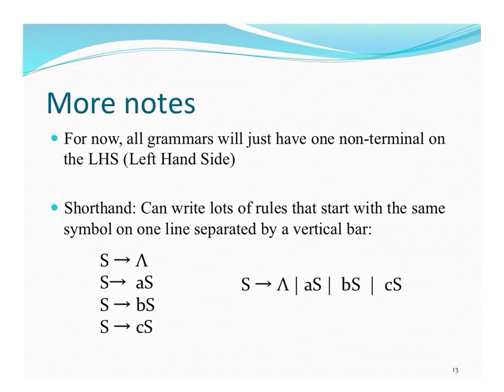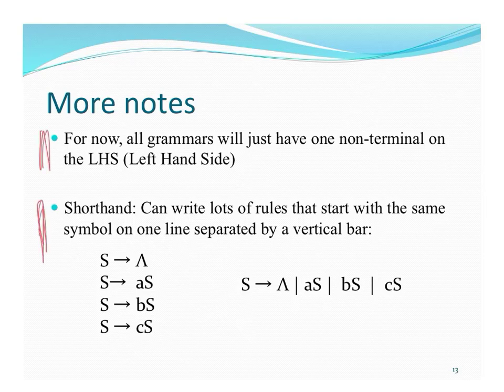Now, it is possible for a grammar to have more than one non-terminal on the left-hand side, and there's nothing about our rules for grammars that say that you can't have terminals on the left-hand side as well. But for the purposes of this class and for everything that we're going to be doing, we are only going to have a single non-terminal on the left-hand side. So that's kind of note 1.